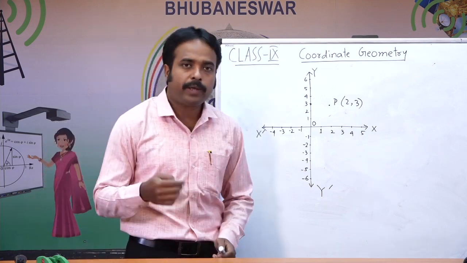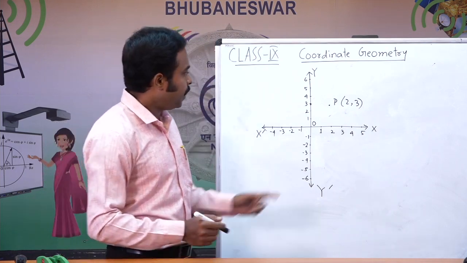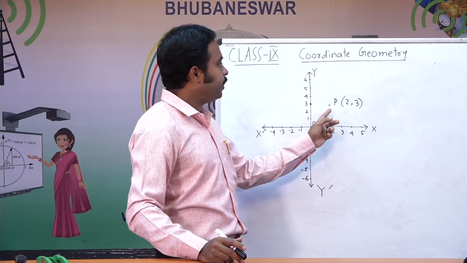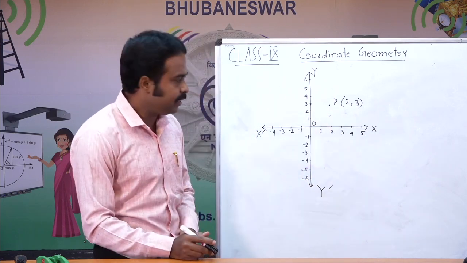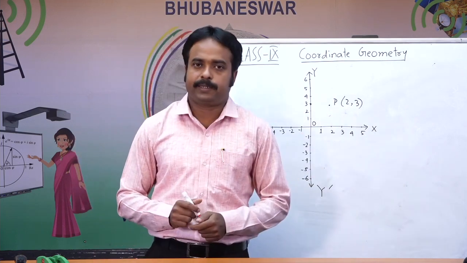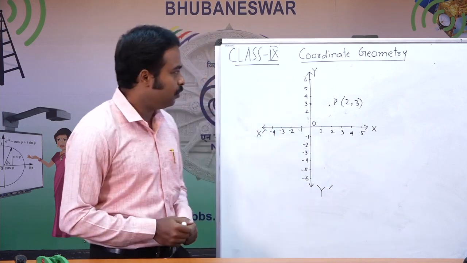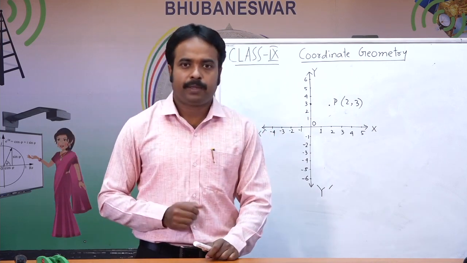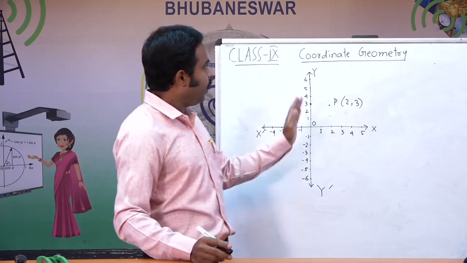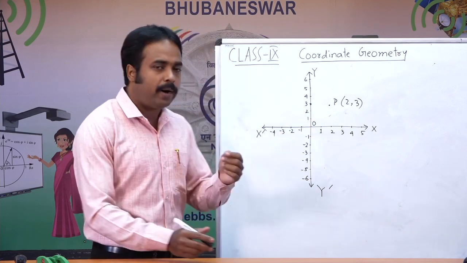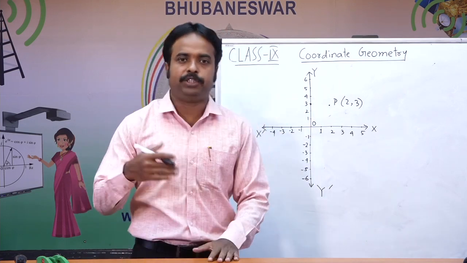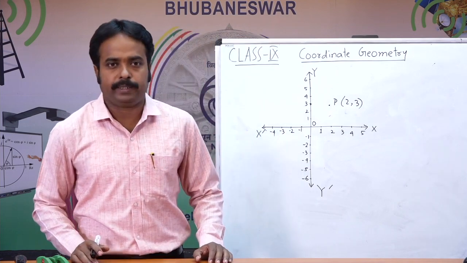So, how can we do that? First, we have to plot the point (2, 3) that is lying in the first quadrant. Now, if we keep a mirror on the y-axis, what would be the mirror image of this point?